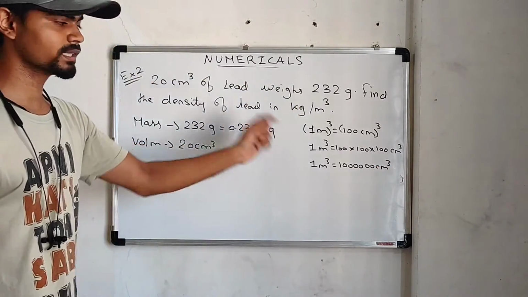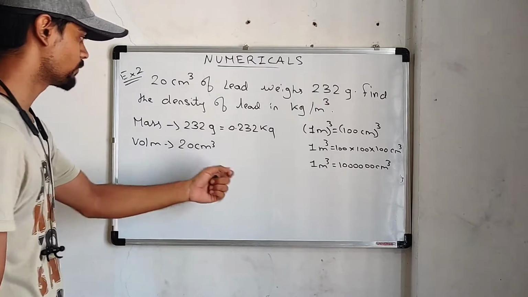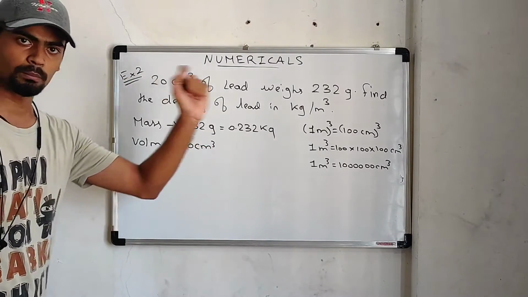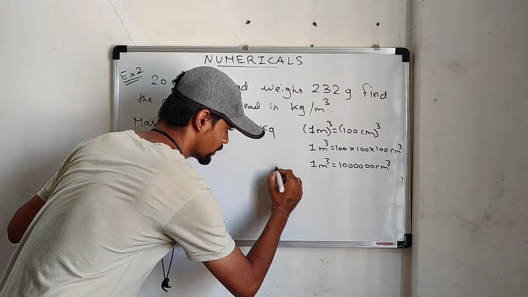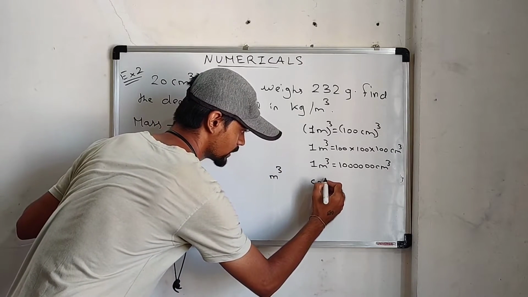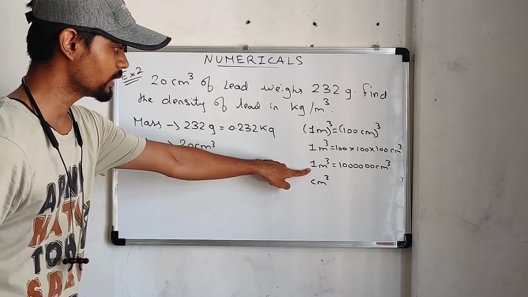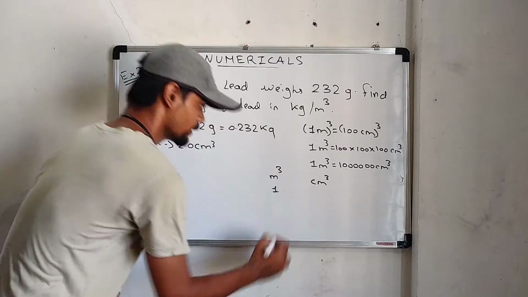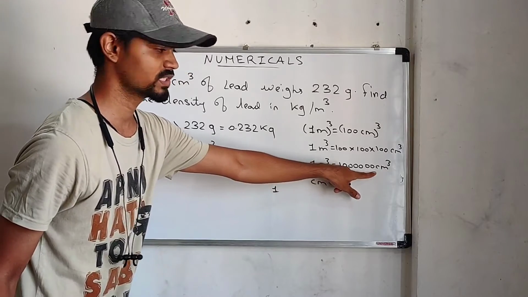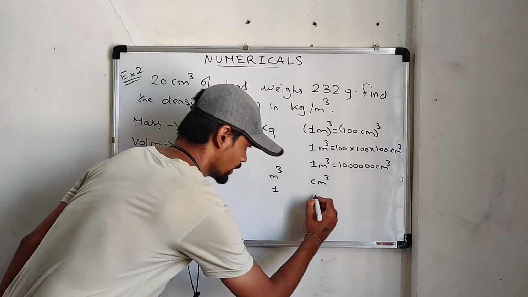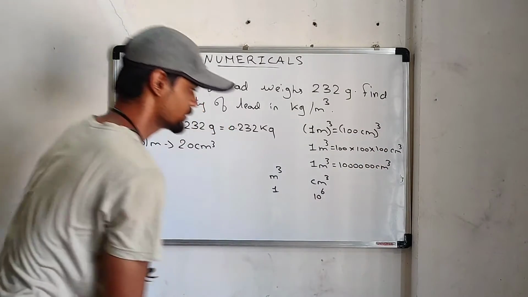Now using this expression, we are going to convert centimeter cube to meter cube. Let us write down. On one side I will write meter cube, on the other side centimeter cube. 1 meter cube equals 10 to the power 6 centimeter cube. So here I will write 10 to the power 6.